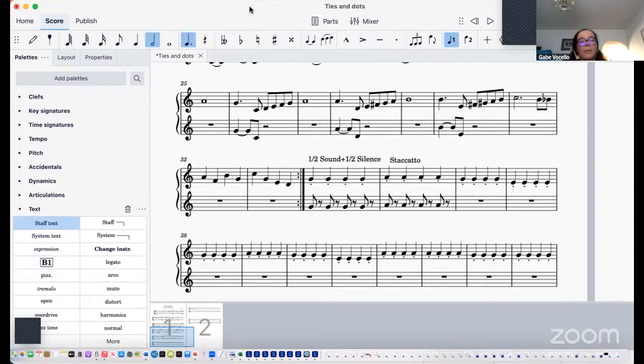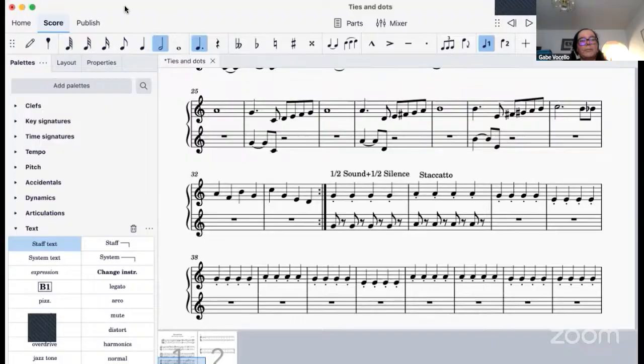Let's see if I can find my Don't Stop Believing here. Let's see what I have there. It's not a good version.